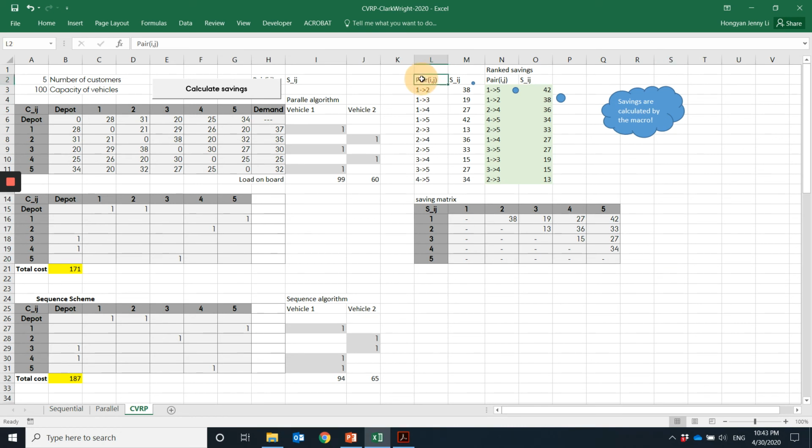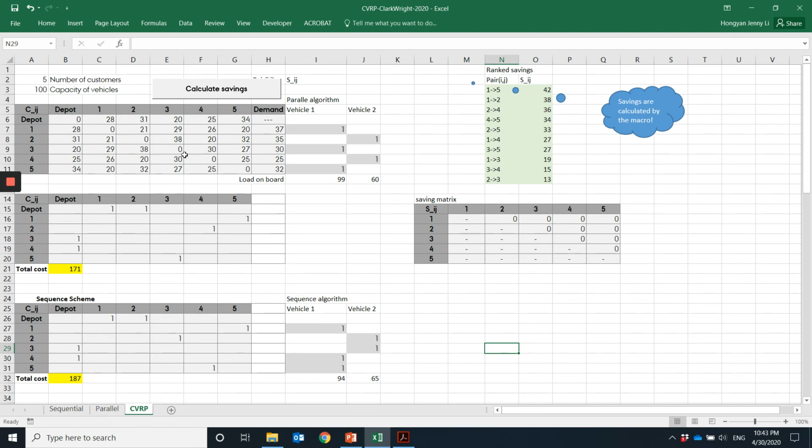Let's see how it's working. I delete these two cells. This cost saving information is obtained by running the macro under the button. So I delete this information. The cost saving is the most critical information for the algorithm.